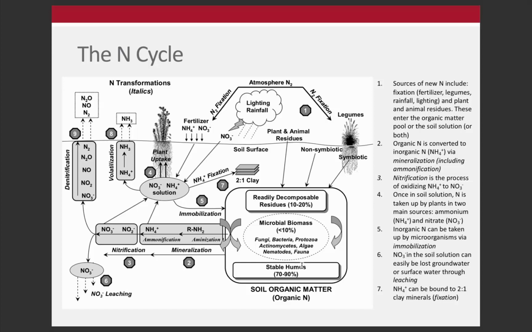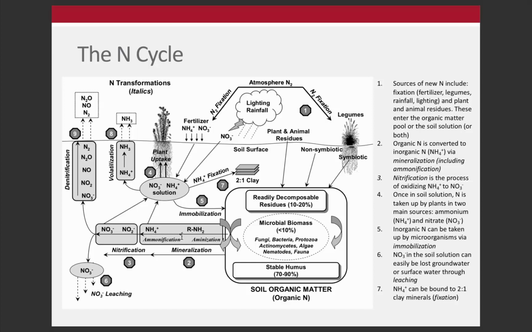Now, when it goes from this organic fraction to the inorganic, it's through this process called mineralization, okay? So organic N is converted to inorganic N, i.e. ammonium, via mineralization, okay? So mineralization includes this aminization step and then ammonification step. And there's a lot of these jargony words in the nitrogen cycle, but it's helpful to think ammonification is really the production of ammonia, NH4, right?